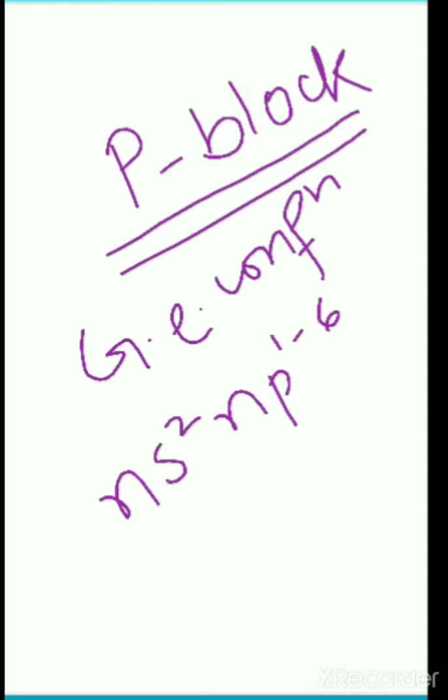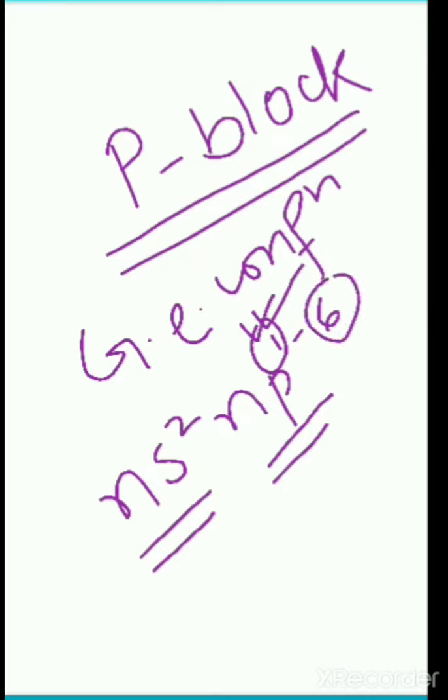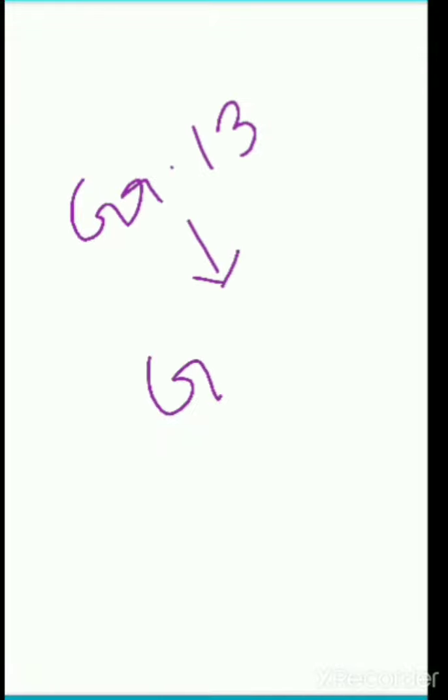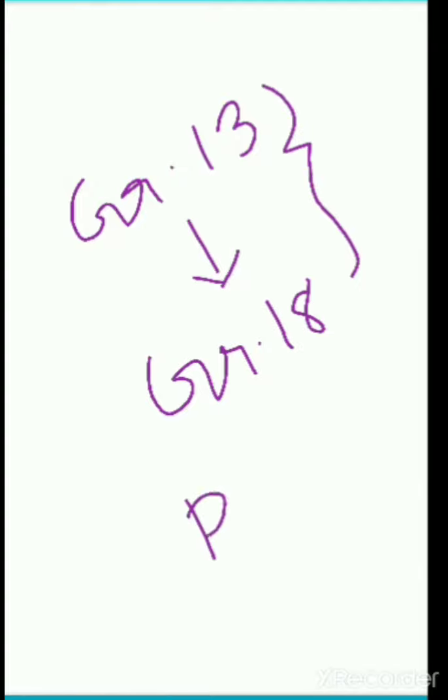That means after fulfilling ns, the electrons start to enter np, from np1 to np6, all of which are in the P block. Okay. Here group 13 to group 18 are P block elements. Okay.